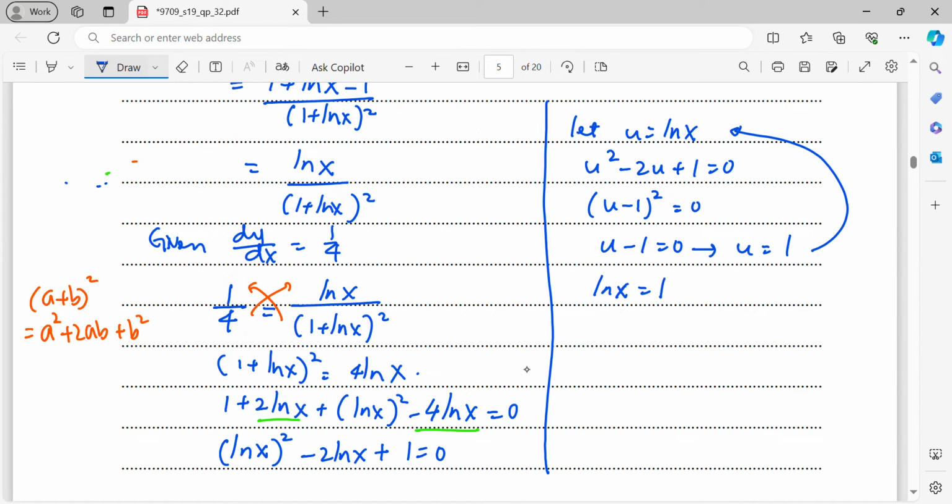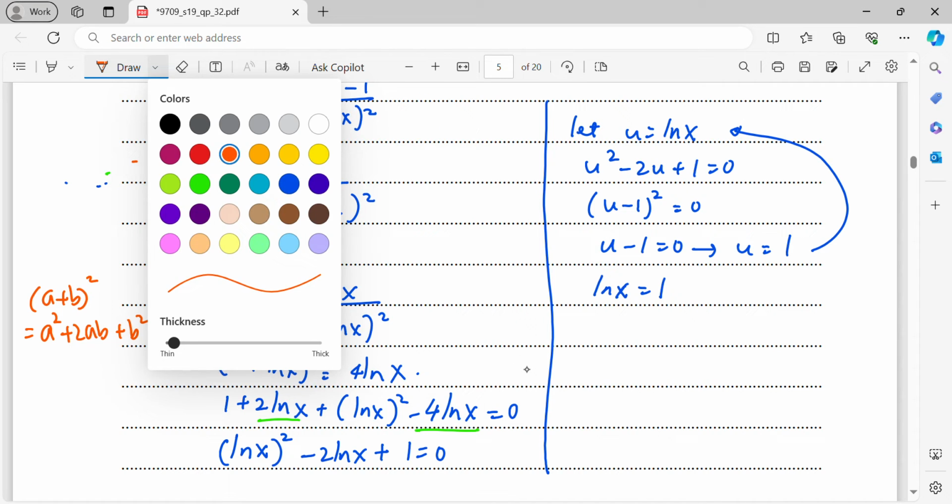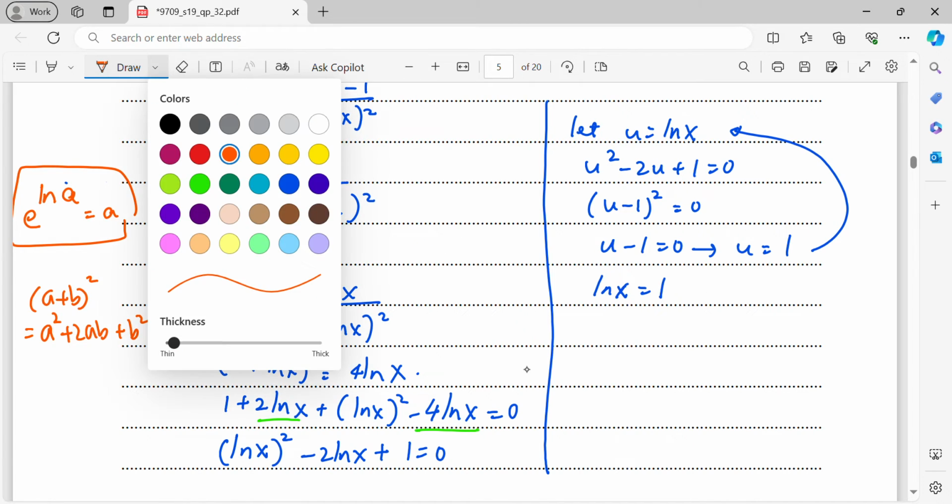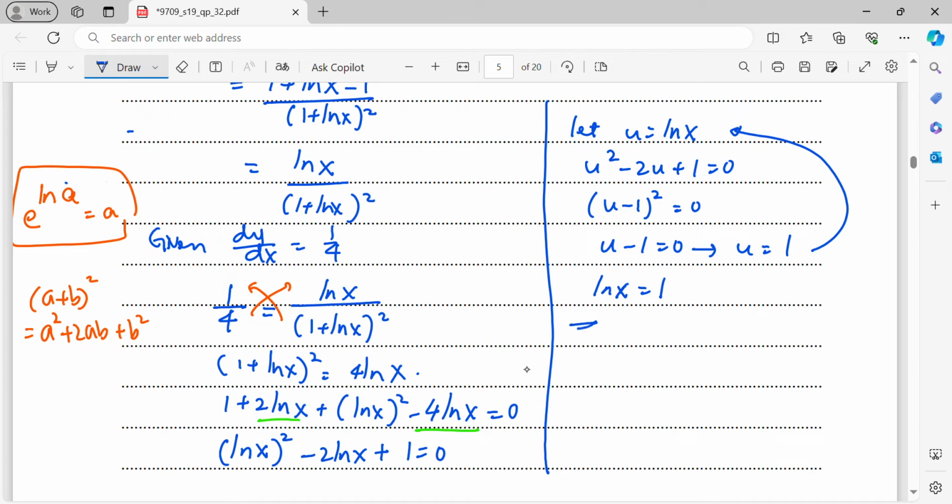To eliminate the ln, we add on e, because e^(ln a) is a itself. Therefore e^(ln x) = e¹, which means x is e.